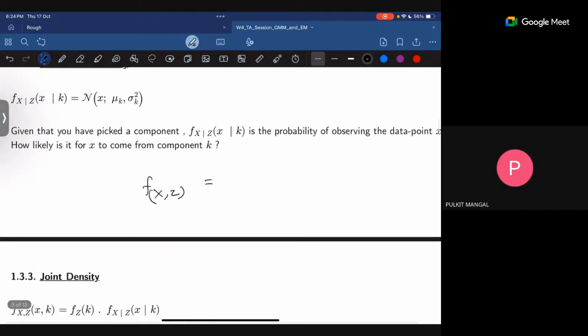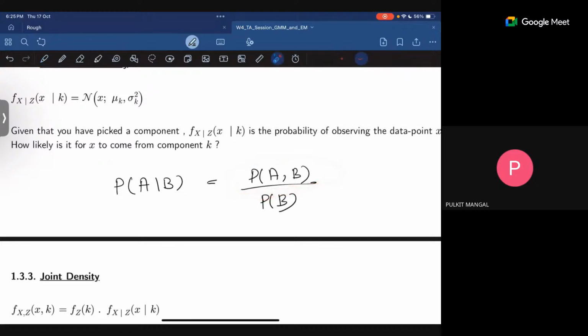So the joint density is equal to conditional times marginal. Let's say you're given the conditional density, the probability of A given B. How do you write that? Probability of A and B divided by probability of B. Now what you want is the joint.